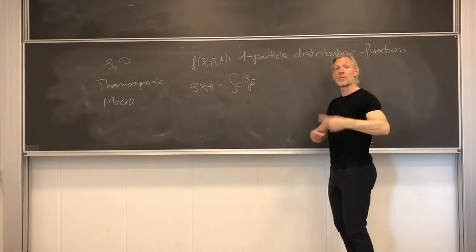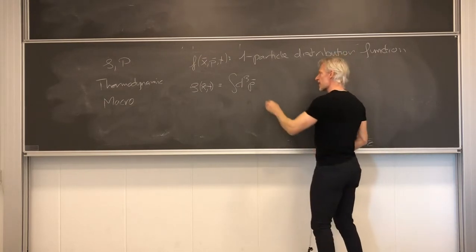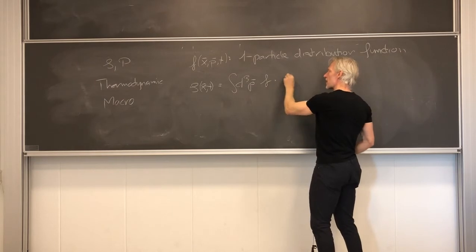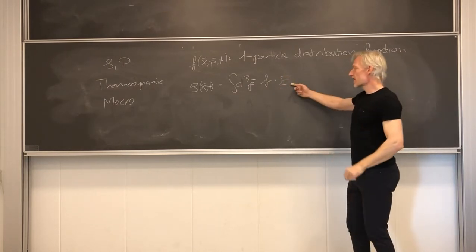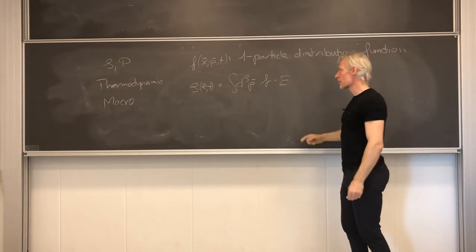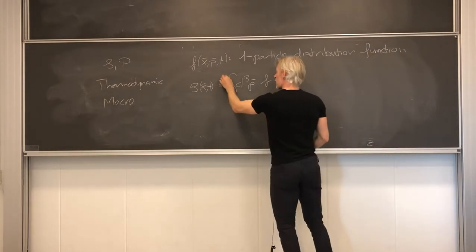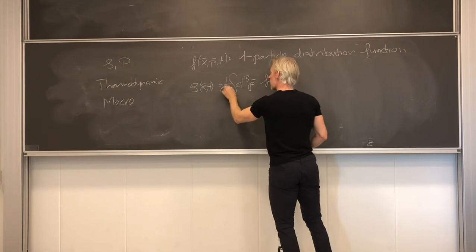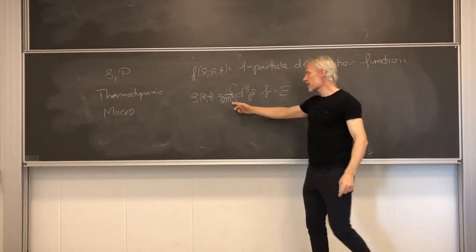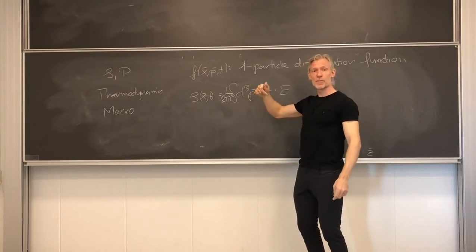You would need to sum over all possible momenta of that distribution function, and then you would have to remember that you should weigh this with the energy associated with that momentum. And then you have to remember that there's a fundamental phase space volume, which is basically h cubed.